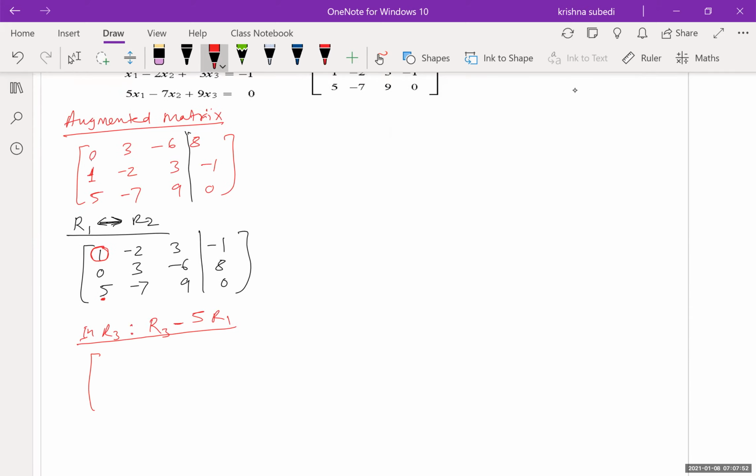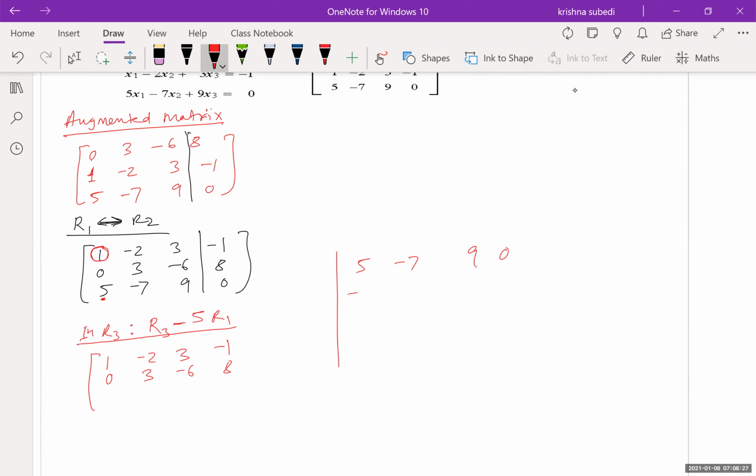So R1 we did nothing, R2 we did nothing, we just copy as it is now. R1 is 1, -2, 3 and -1, just copy as it is. The second also copy as it is. And now third, what we did is, you can do this in your head later on, but right now let me just do the rough calculation here. R3 I did nothing. R3 is 5, -7, 9, 0, and minus 5 R1.